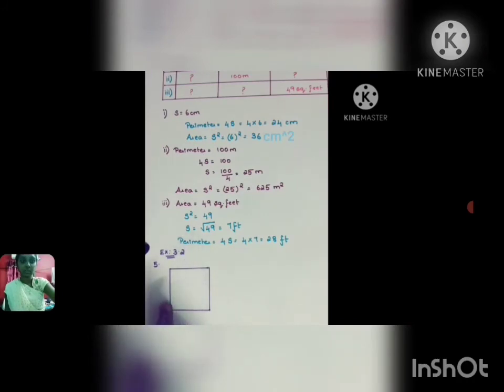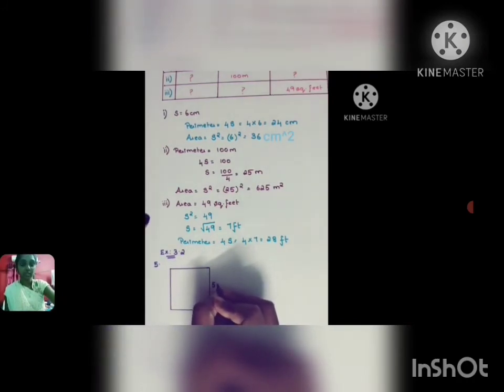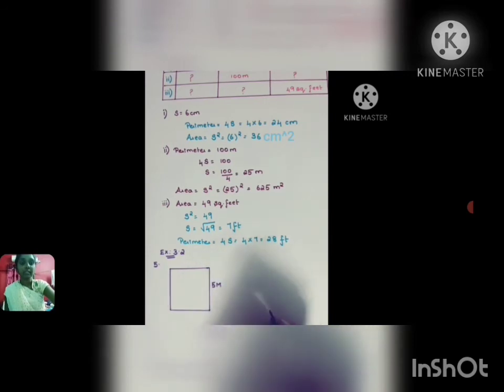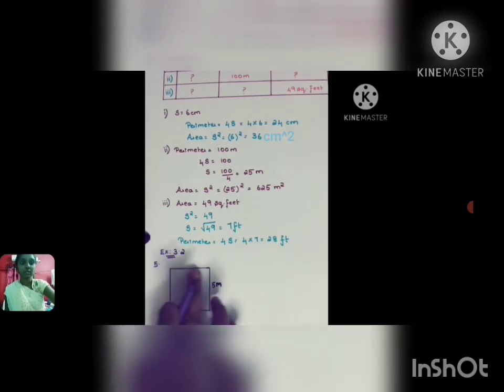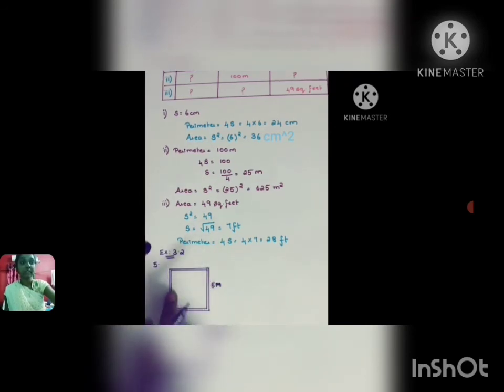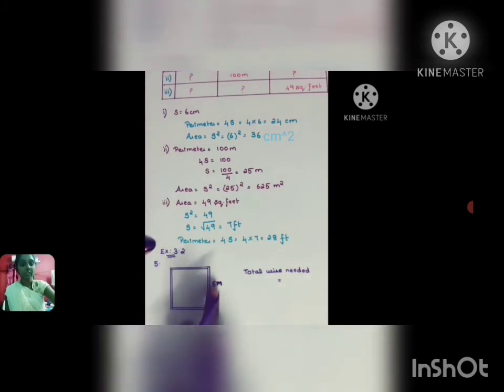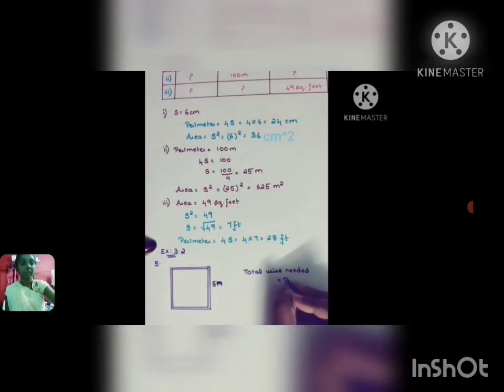So from the data given, the garden is in the shape of a square whose side is 5 meter. We are asked to find what is the amount needed to fence the garden, provided each side is to be fenced with 2 rows of wires. Hence, the total wire needed will be twice the perimeter of the square garden.